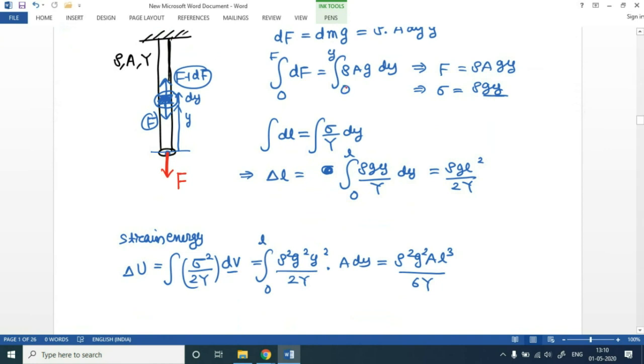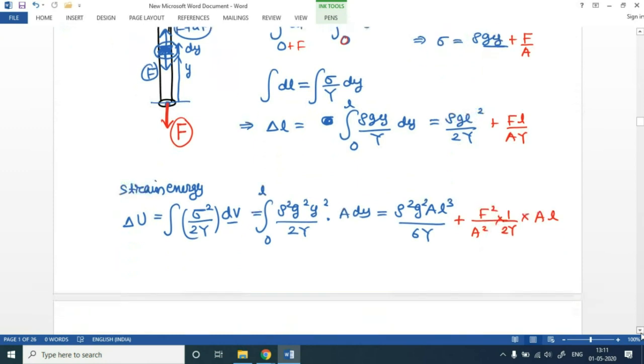Here it was at y equal to 0, so this will become F. In that case, sigma will become rho g y plus F by A. So this delta L term will become FL by AY, an additional term over here, and one additional term will be there in the energy as well: sigma square upon 2Y, so F square by A square upon 2Y, multiplied with the total volume A into L. This would be an additional term if this additional force is applied at one of the ends. So that is one situation.